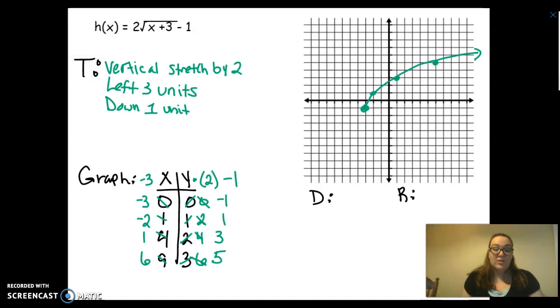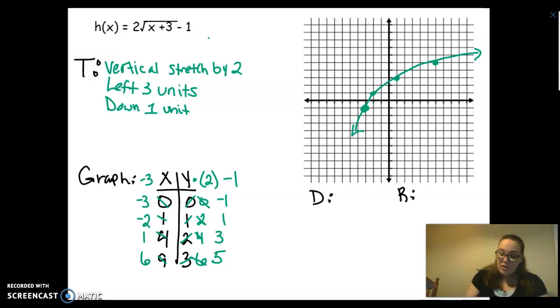Okay, those are the transformations: vertical stretch by 2, left 3 units, down 1 unit. I made those changes to the table. Now remember, you must multiply by that vertical stretch before you subtract. There are my ordered pairs, and there they are on the graph. Something important that I forgot to mention the last couple of times I've been drawing this: this radical function does not have an arrow on the bottom half.